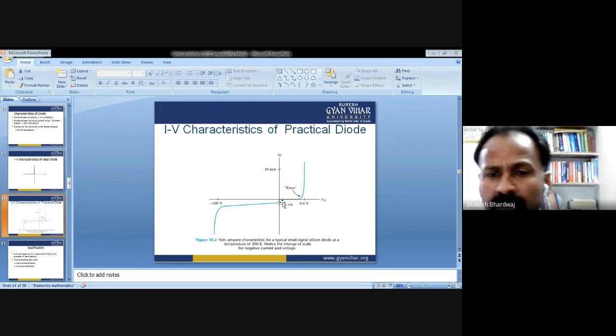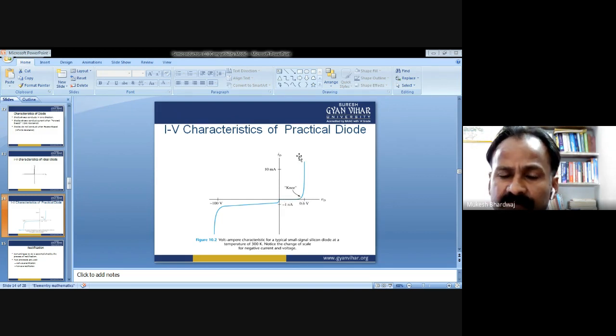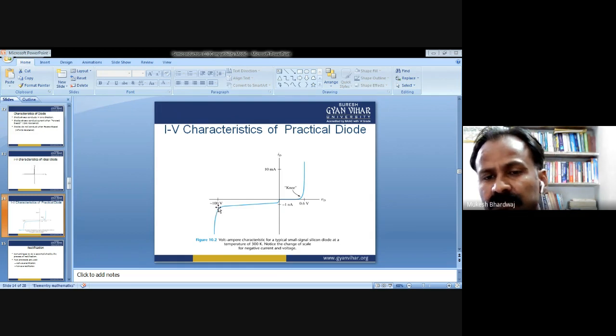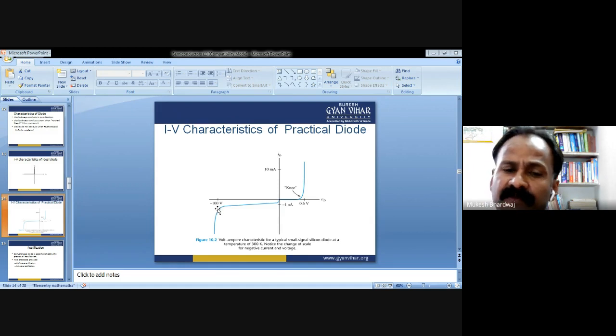But as you see, here we are increasing the voltage up to 0.6 volt and the current starts increasing momentarily, but in the reverse bias the current starts increasing only up to 100 volt. So after 100 volt, if the current increases, then it is the case of burning out of the diode. It is a case of burning out of the diode.